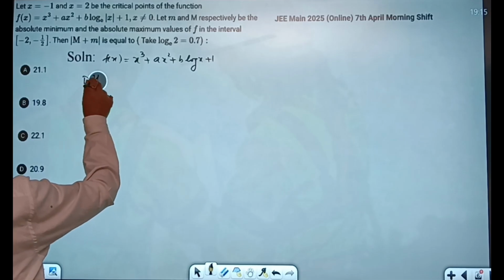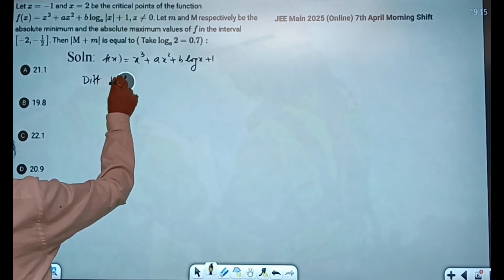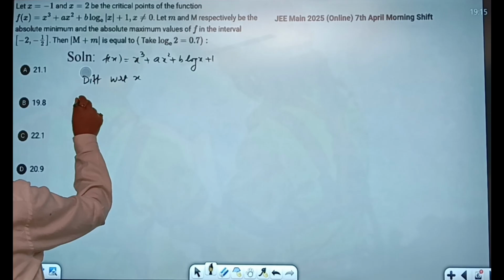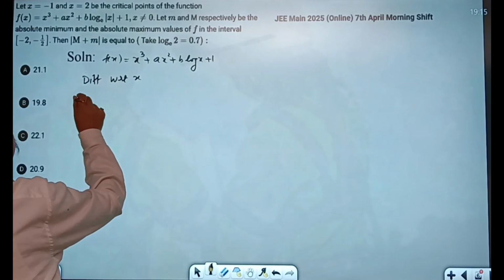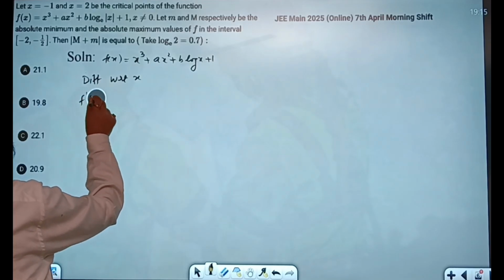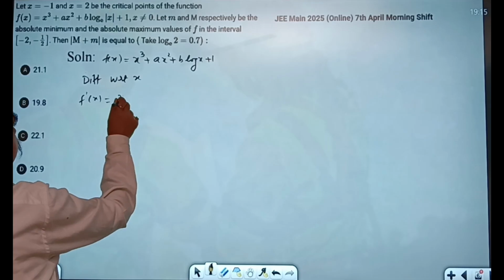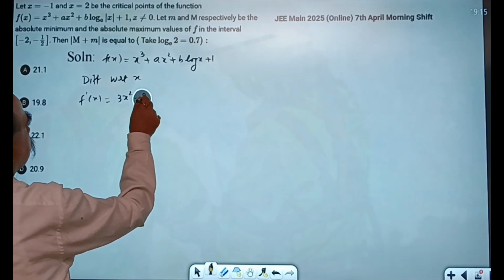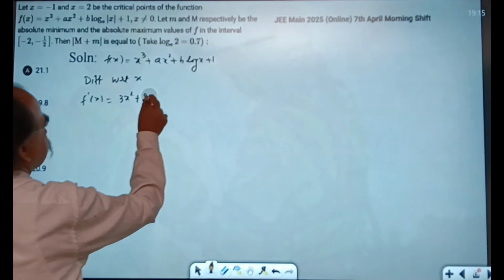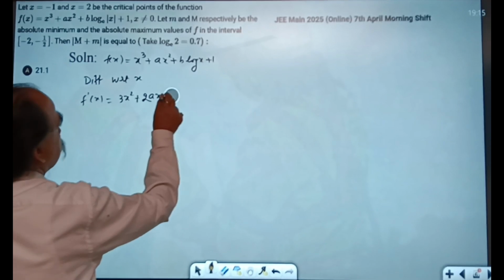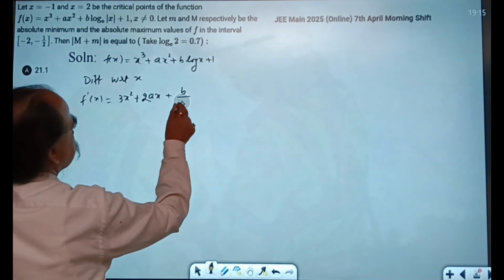Differentiating with respect to x, f dash x is what? 3x square plus 2ax plus b upon x.